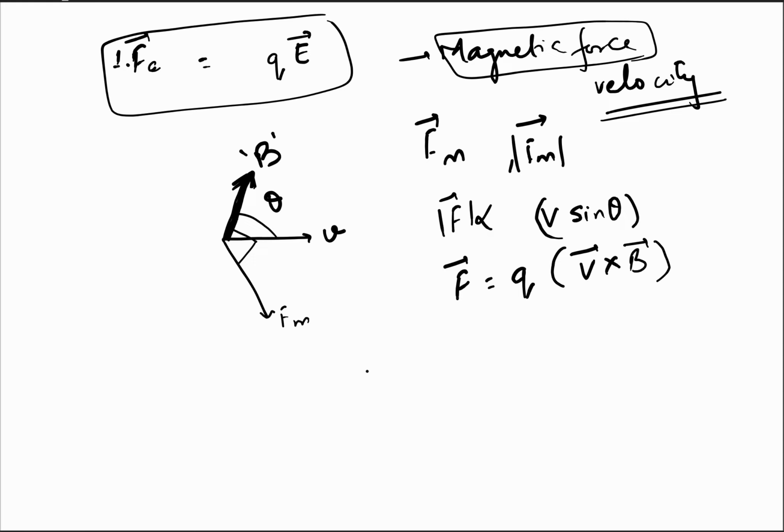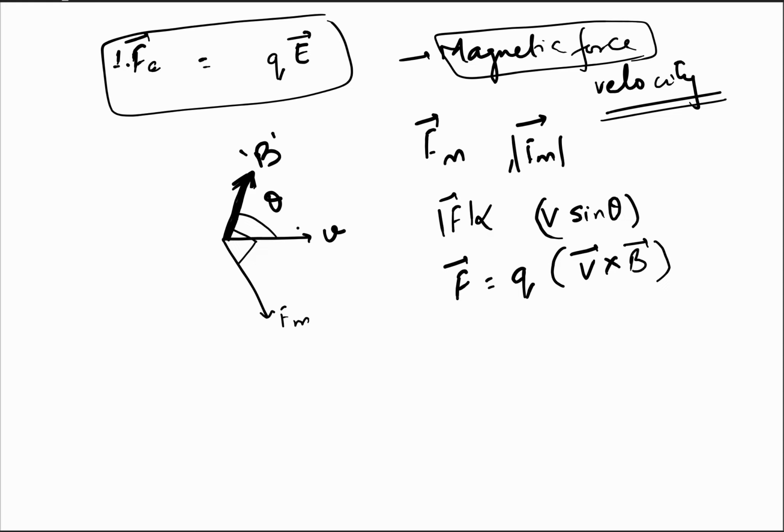So we can describe this peculiar behavior, that the force is proportional to how fast the charge is moving, is always at right angle to a particular direction, and depends on the component of velocity at right angle to that direction, if we define a quantity called magnetic field. And we can write this force as F is equal to q v cross B.